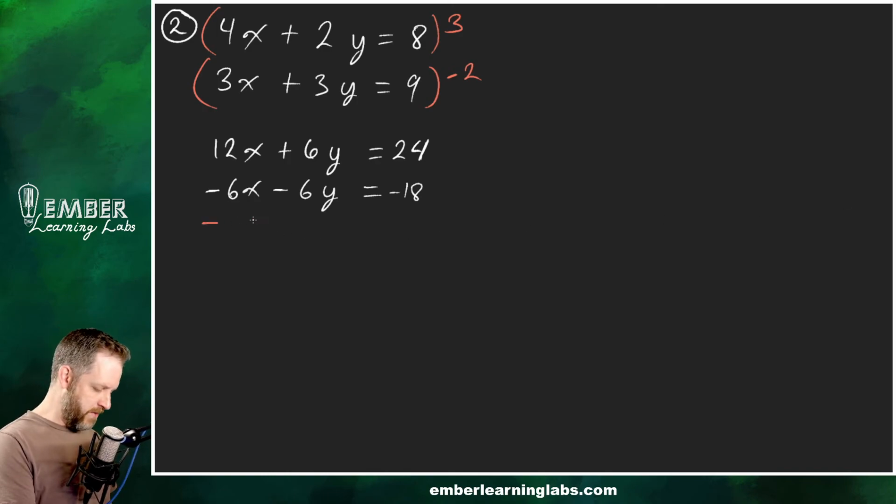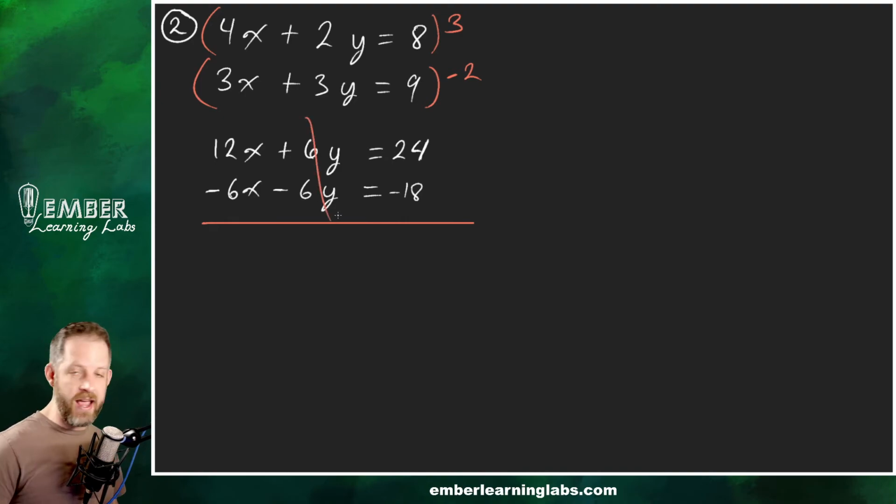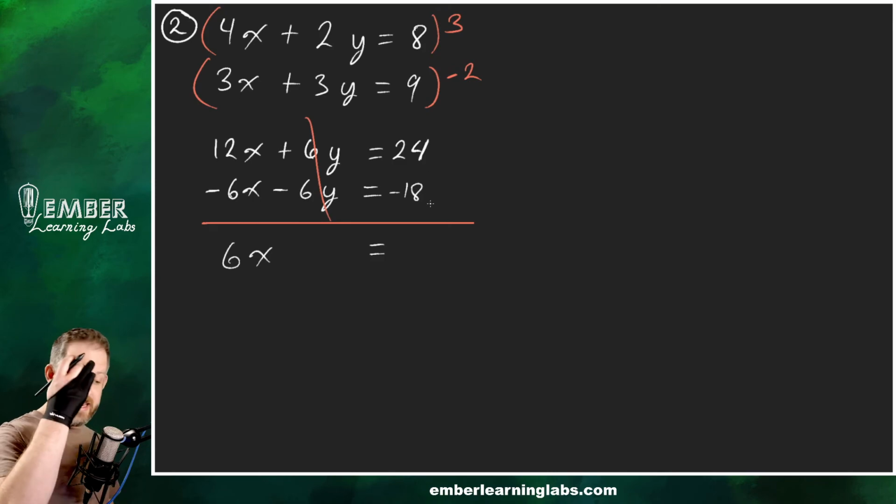So now we're to the elimination step, because these are going to cancel, right? So over here we have 12x minus 6x, which gives us 6x. This one's not quite so nifty as the first one, because we do have that last little step. 24 minus 18 is 6.